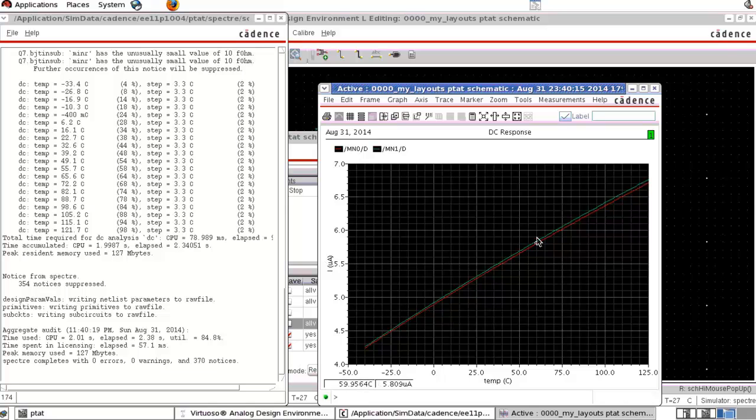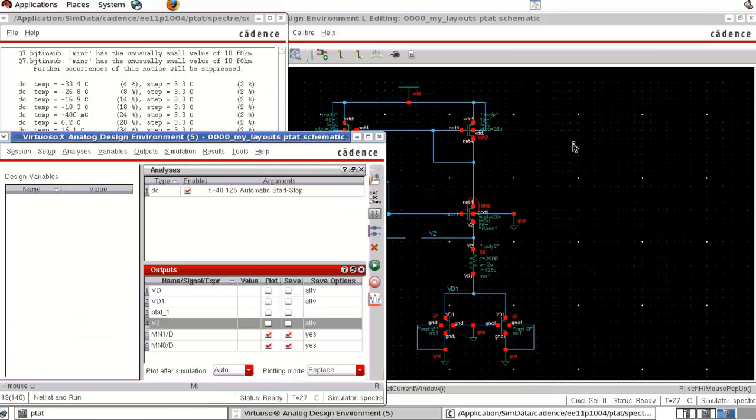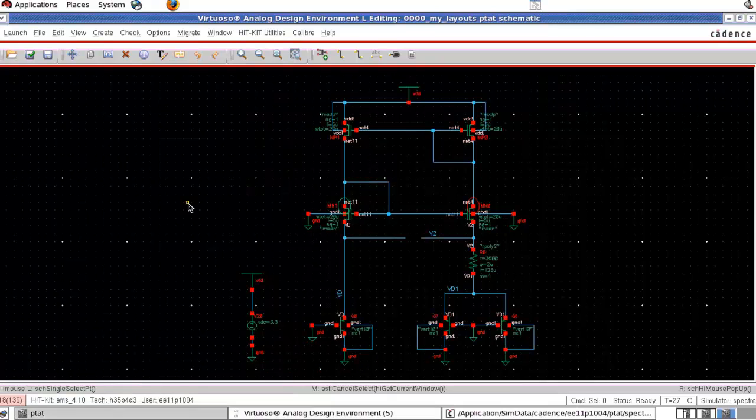If you want exactly equal current, you should improve your current mirror. As I explained earlier, you can use cascode or other advanced current mirrors to get exact currents. With this simple current mirror itself, we got almost equal currents in both branches. So equal currents are flowing through each branch, and VD is equal to V2.